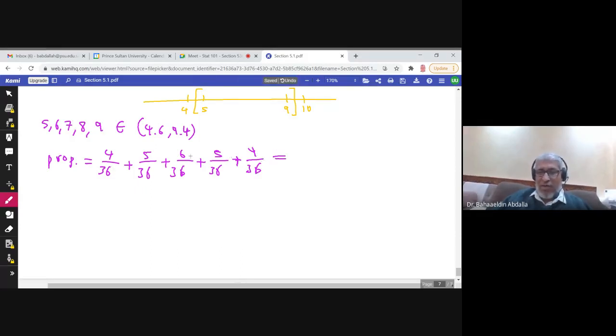If you add them, 15, 20, 24 over 36. So the proportion or the probability is 0.6666. Okay, you can write it 0.67. So 67% or 0.67 of the distribution will lie in the first interval.